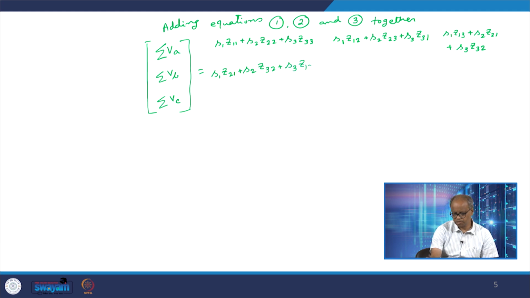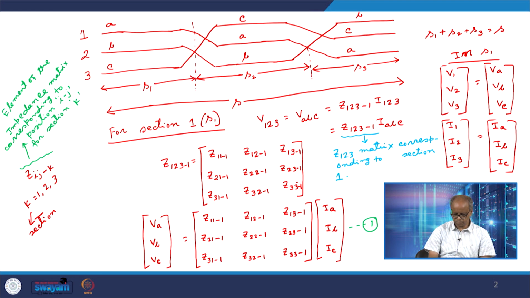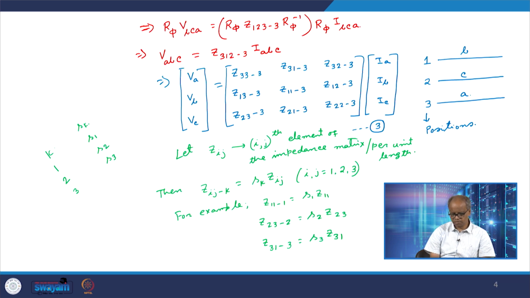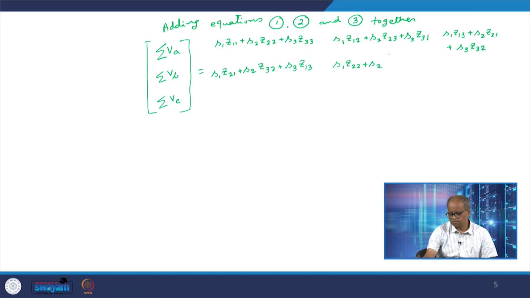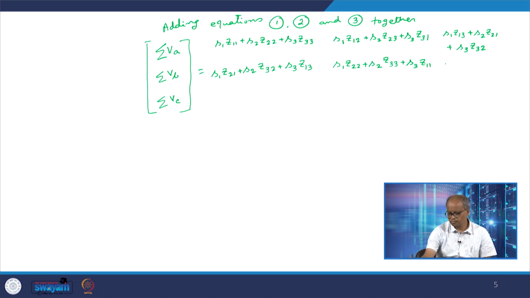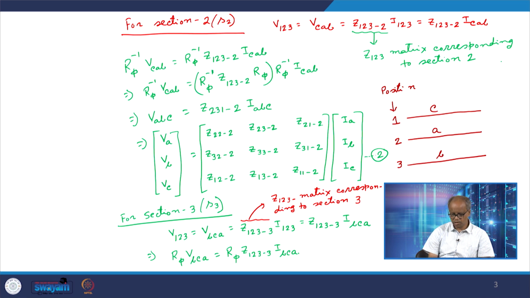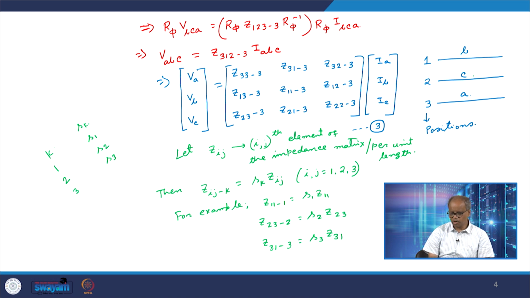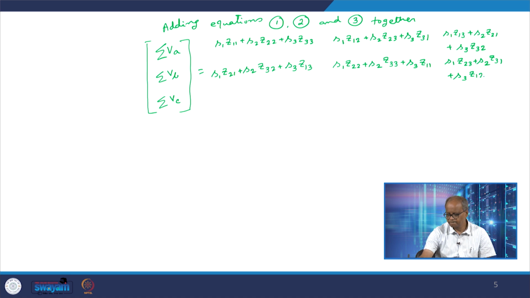Then this one is S1 into Z22 plus S2 into Z33 plus S3 into Z11, then S1 into Z23 plus S2 into Z31 plus S3 into Z12, right.